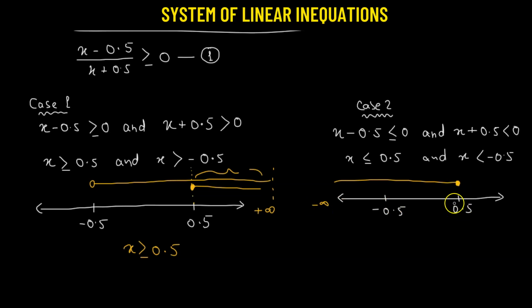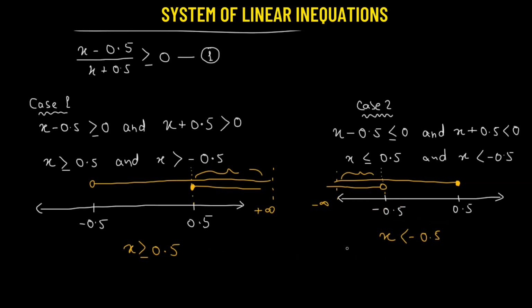So that's why I've used a dot here. And x less than negative 0.5 means all the values of x lying to the left of negative 0.5 and extending all the way to negative infinity, and the bubble means it's not a part of the solution. So our common region will be this particular region, and this is nothing but x less than negative 0.5. I have used a less than sign here because negative 0.5 is not a part of the solution.